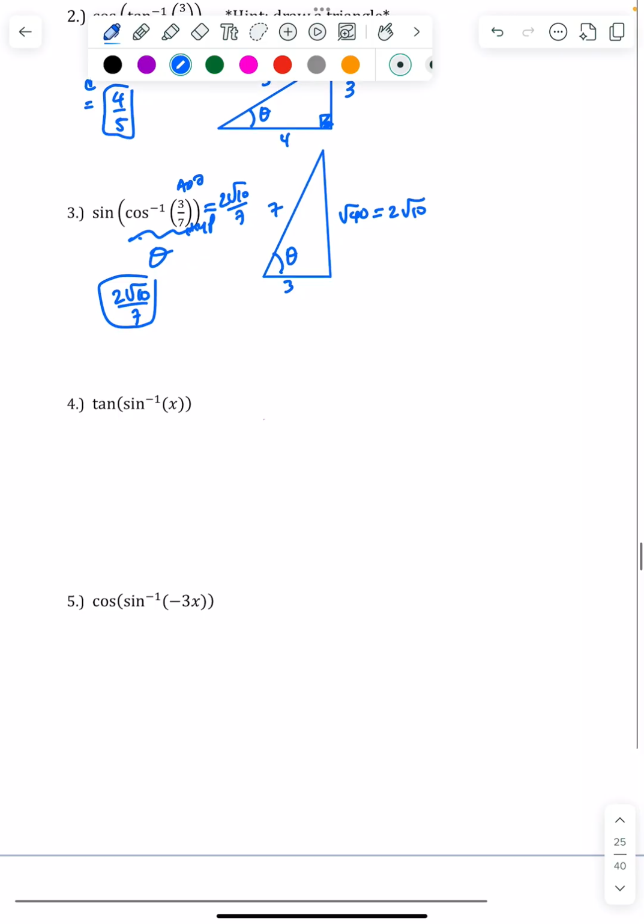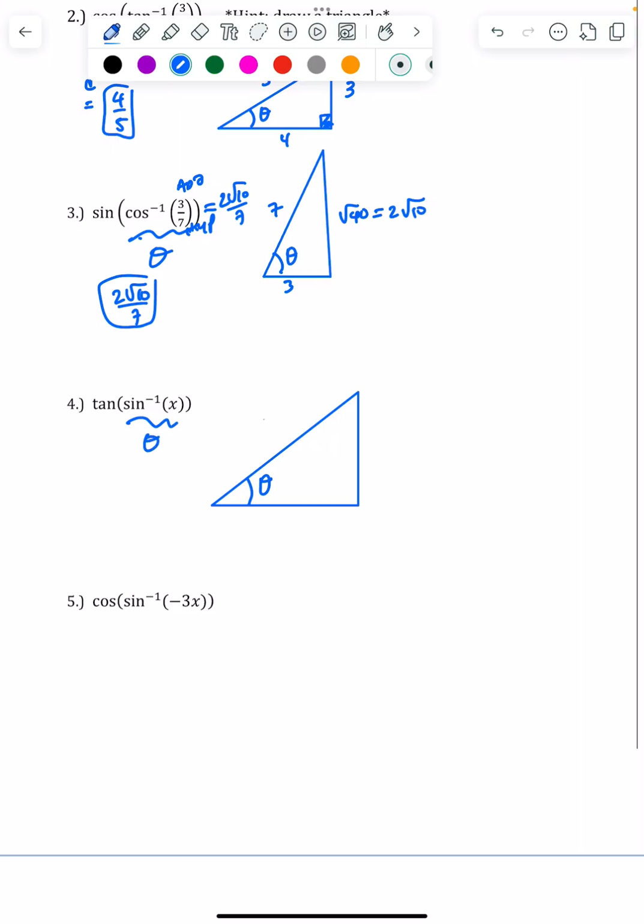Tangent of, again, same thing, draw a triangle. This is your angle theta. You want x over 1, right? That's opposite over hypotenuse. So opposite is x, hypotenuse is 1. This means the adjacent side is the square root of 1 minus x squared.